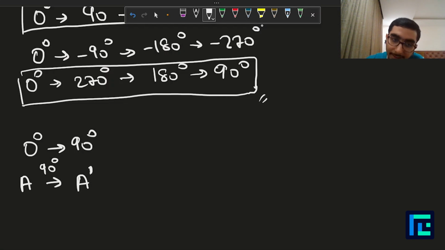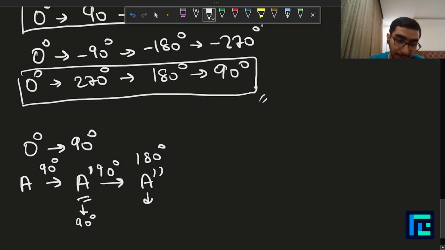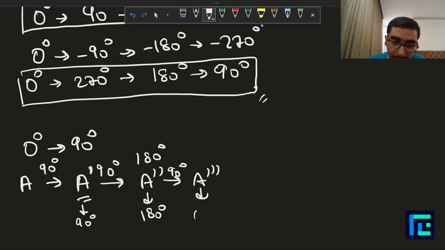If I apply the same function on A dash and make it A double dash, wouldn't it make the total angle of rotation 180 degrees? Because I rotated the matrix once by 90 degrees, so the total rotation is 90 degrees. I rotated again by 90 degrees, so the total rotation now is 180 degrees. Let's apply the function again on A double dash and it becomes A triple dash, and the total rotation now would be 270 degrees.